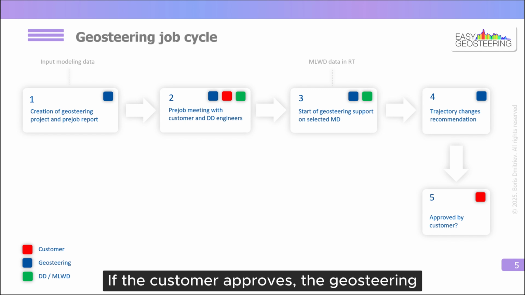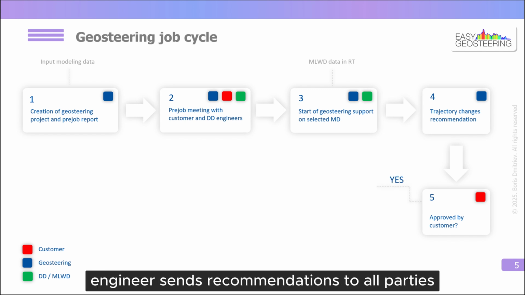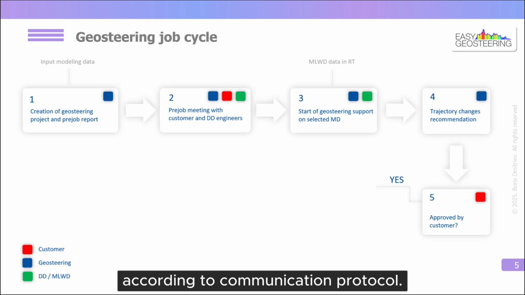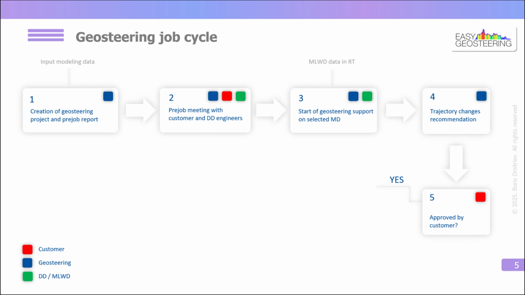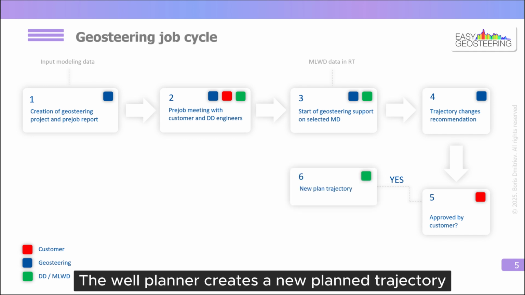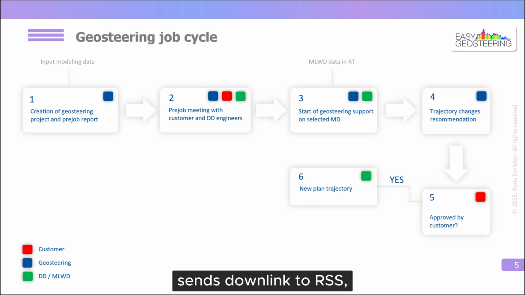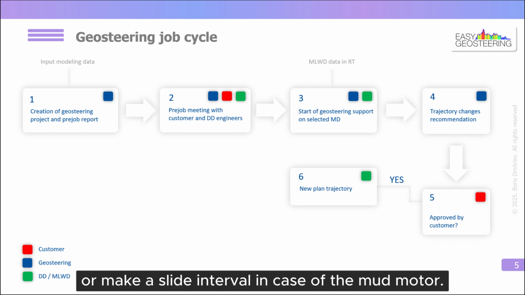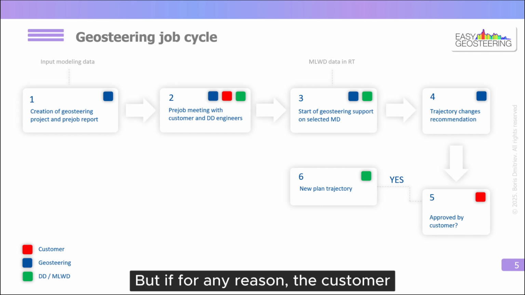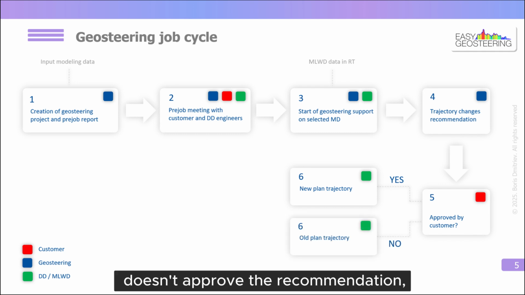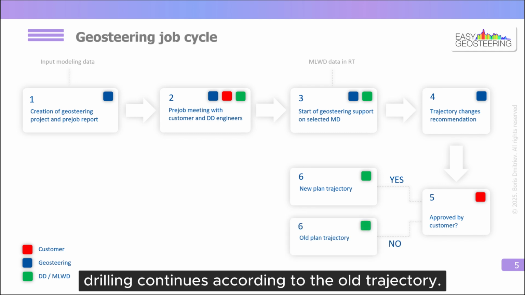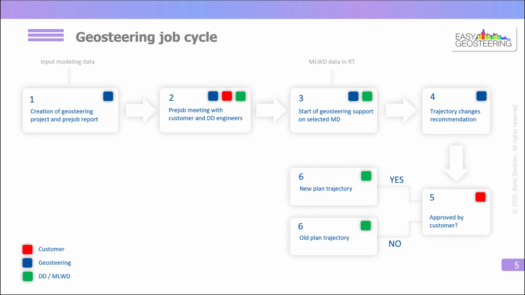If the customer approves, the geosteering engineer sends recommendations to all parties according to the communication protocol. The well planner creates a new plan trajectory, and the DD engineer, to follow the updated plan, sends a downlink to the RSS or makes a slide interval in case of the mud motor. But if for any reason the customer doesn't approve the recommendation, drilling continues according to the old trajectory.